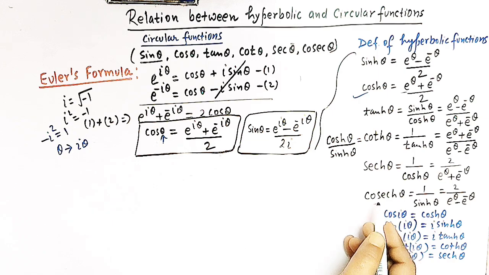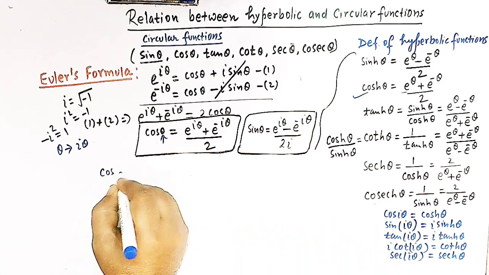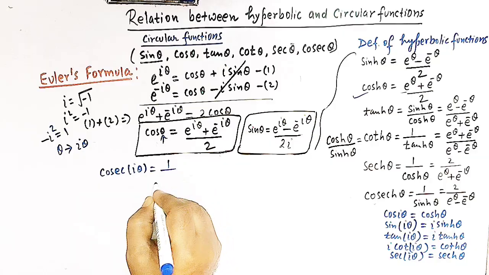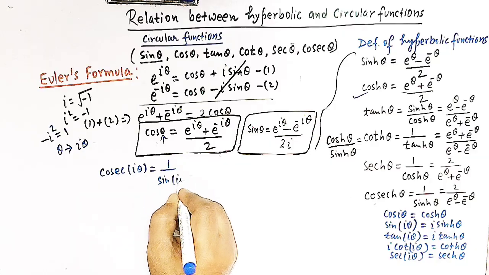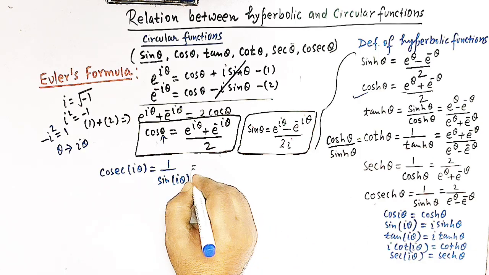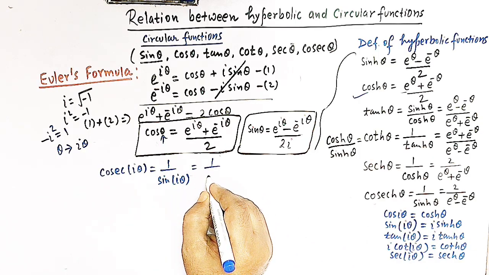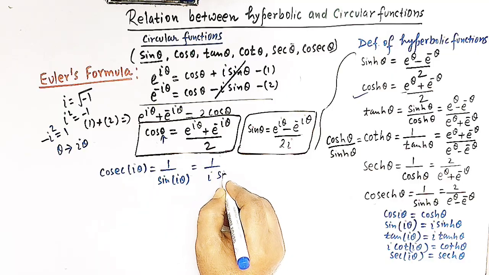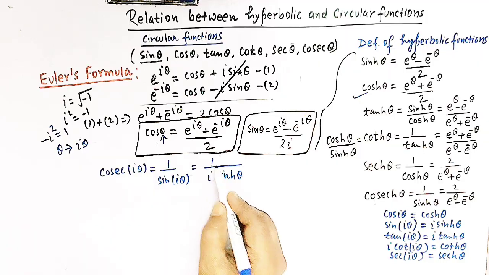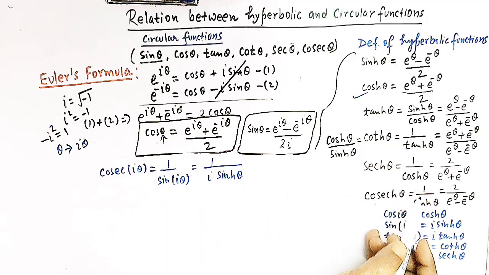Similarly, we can write cosec(iθ) as 1 over sin(iθ). Now sin(iθ) is equal to i times hyperbolic sine of θ. So we have 1 over i, and here we have sinh θ. Now 1 over sinh θ is equal to the hyperbolic cosecant of θ.